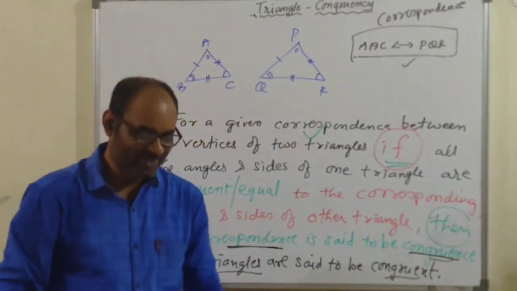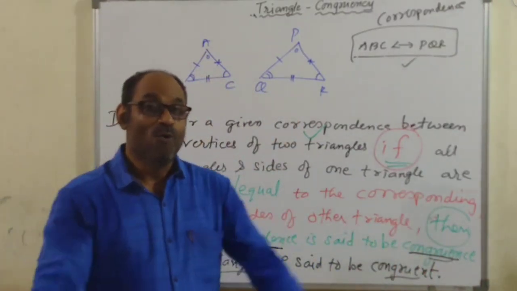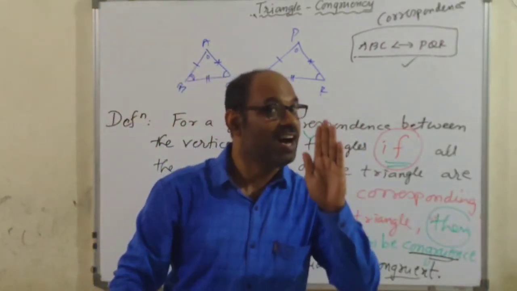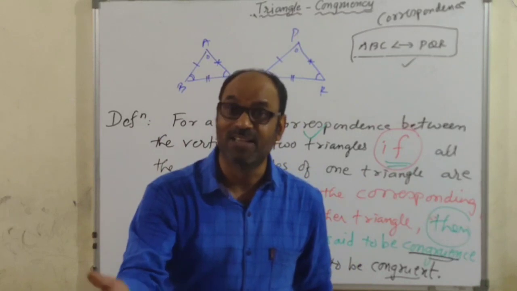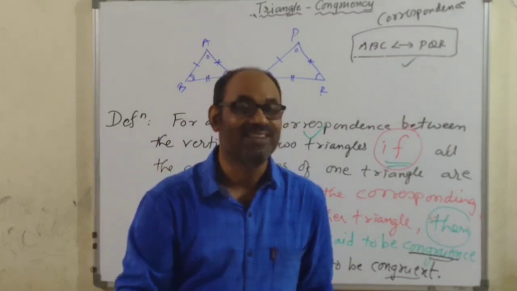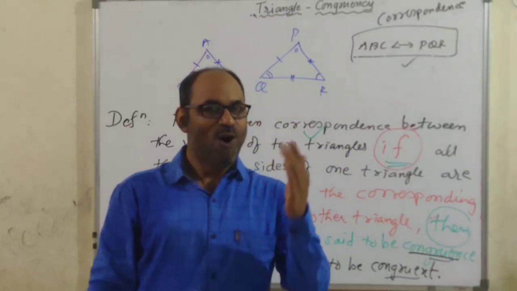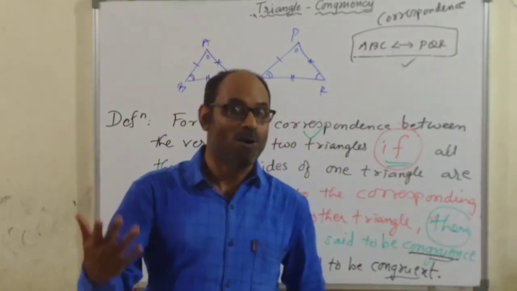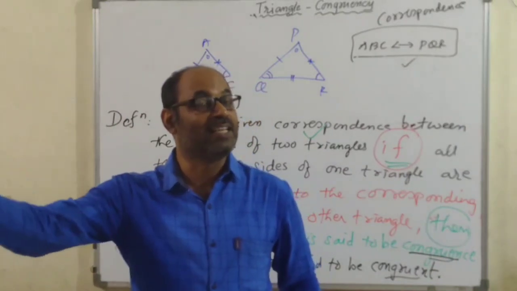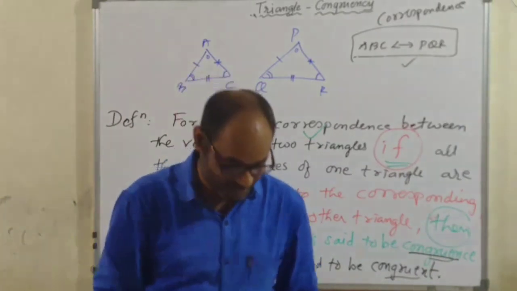Is that clear? So when is a given correspondence between vertices of two triangles congruence? When all the angles and sides of one triangle are equal or congruent to corresponding angles and corresponding sides of the other triangle.